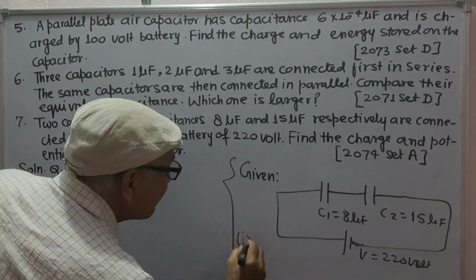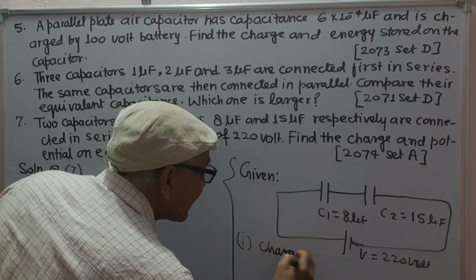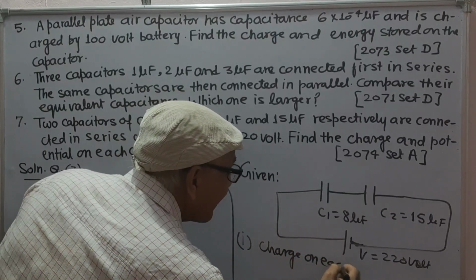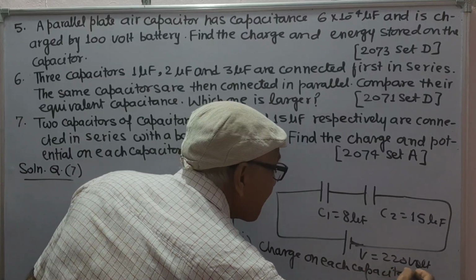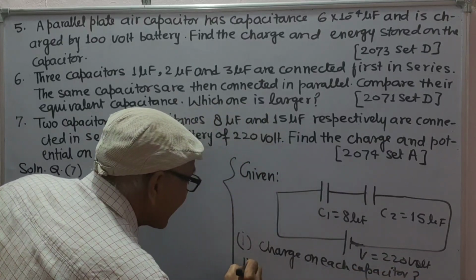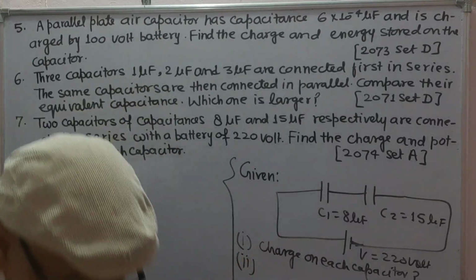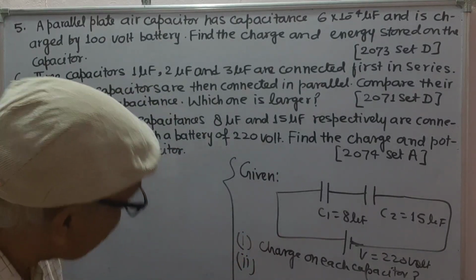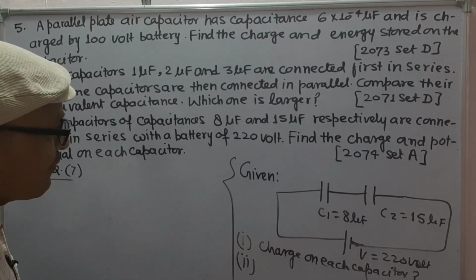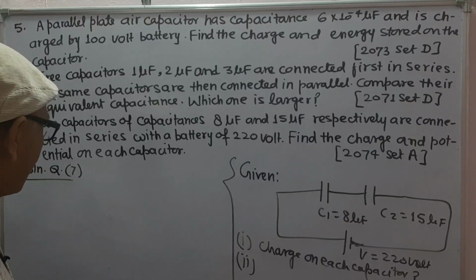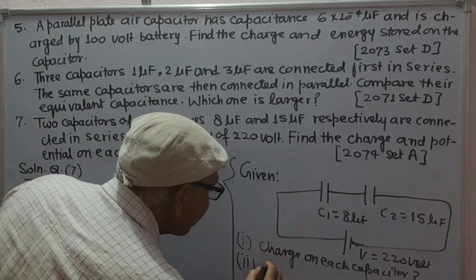We have to find the charge on each capacitor. Secondly, we have to find the potential on each capacitor.